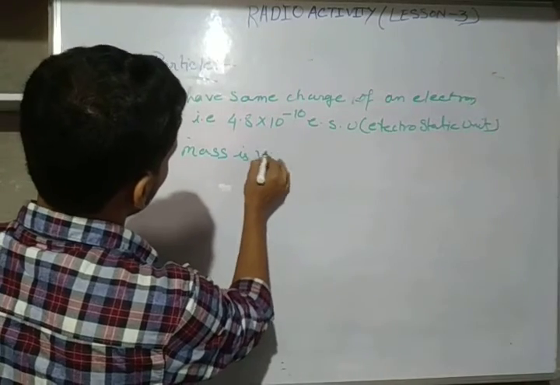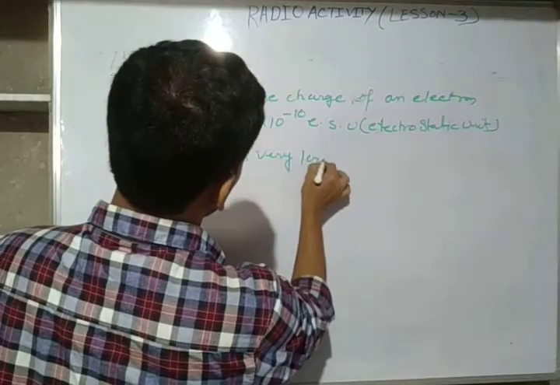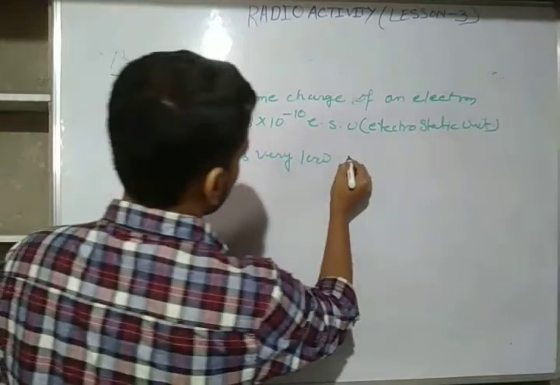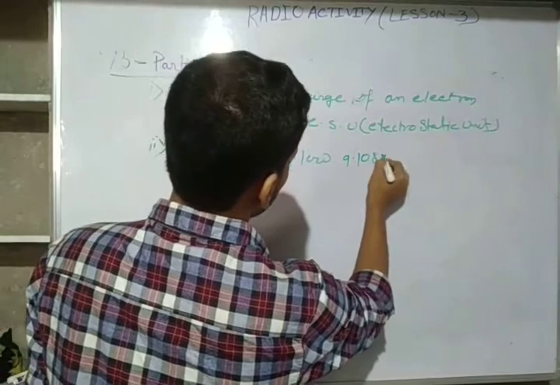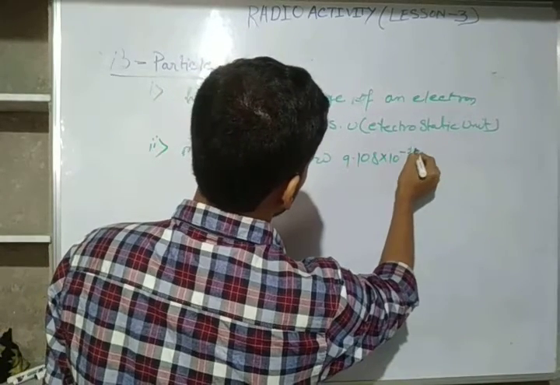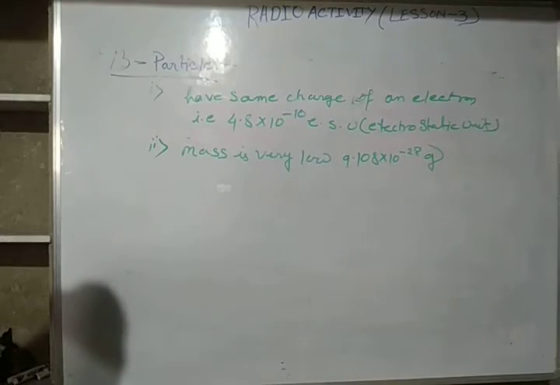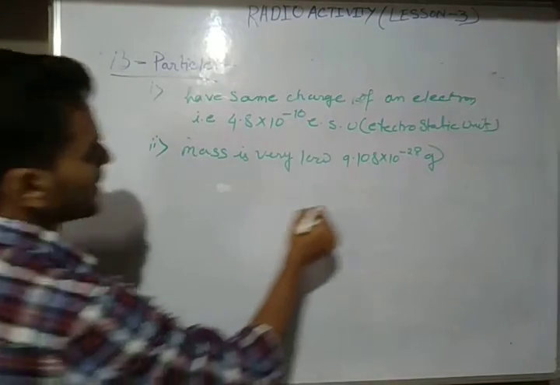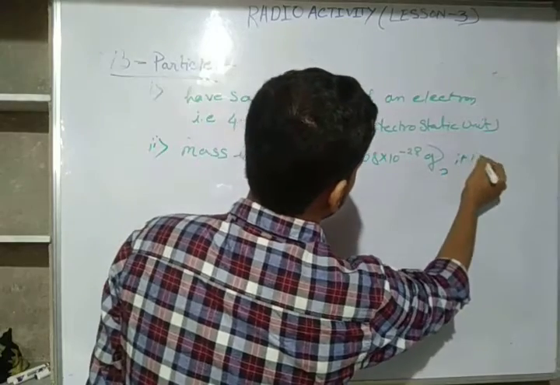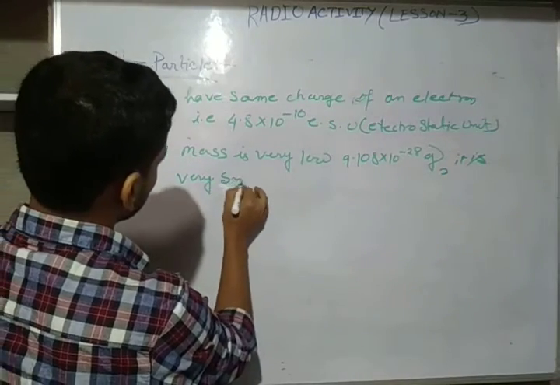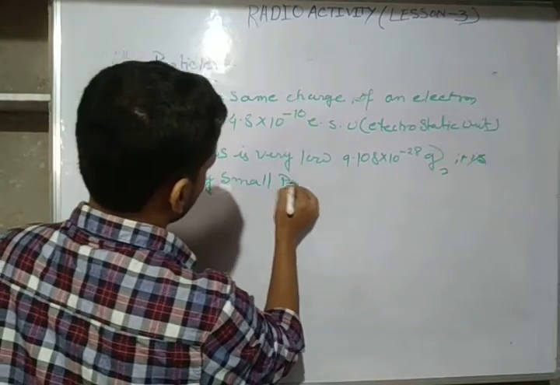Mass is very low, 9.108 into 10 to the power minus 28 gram, and it is a very tiny, small particle.